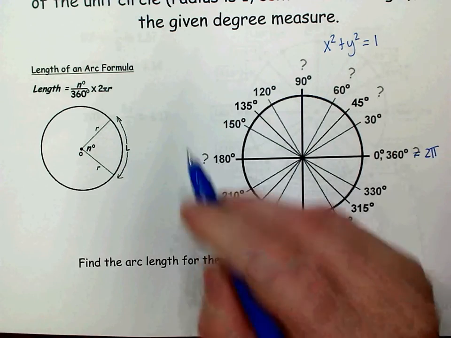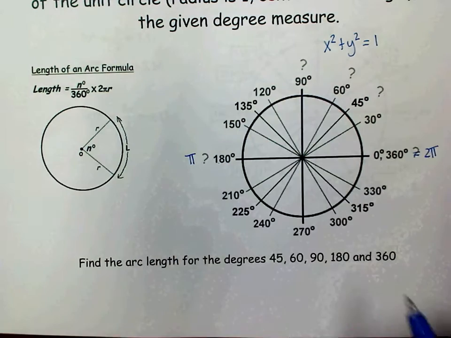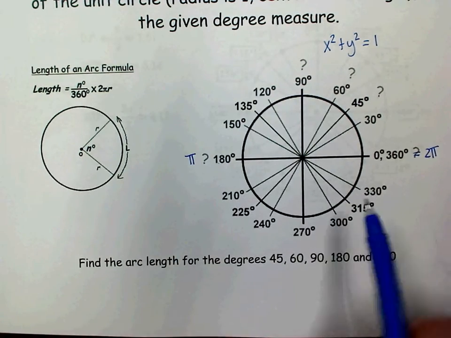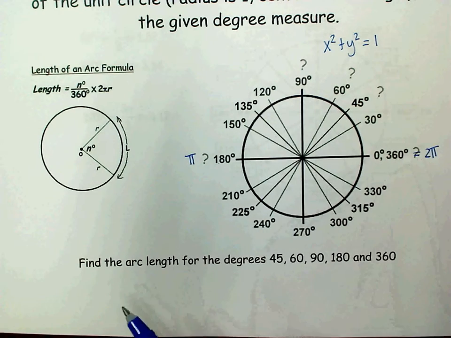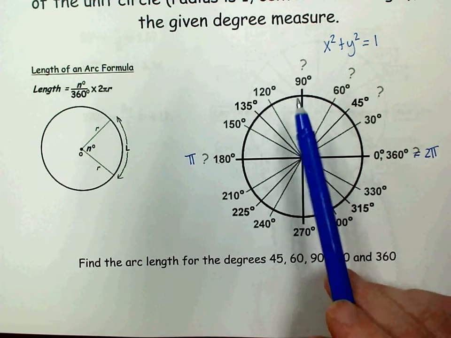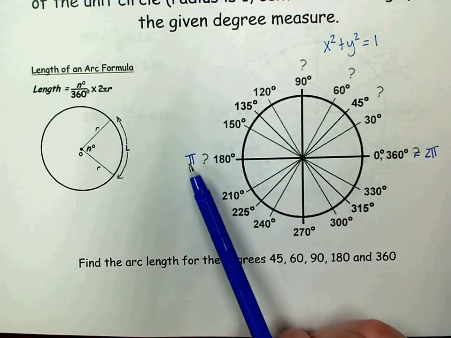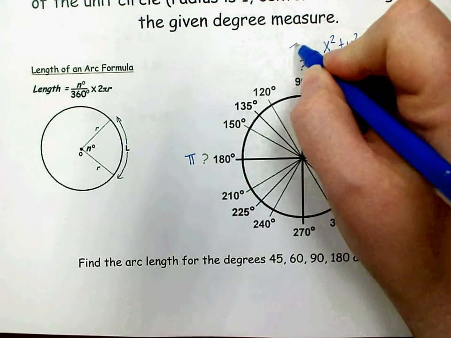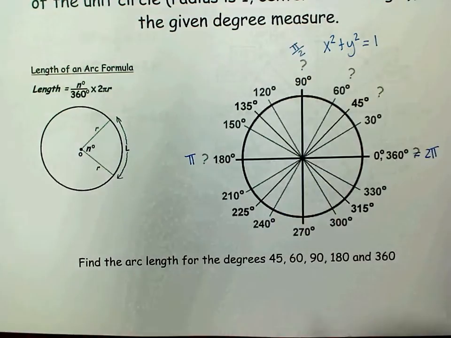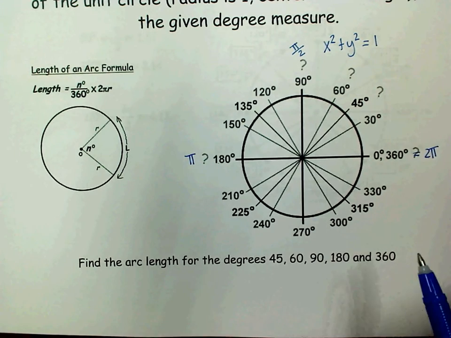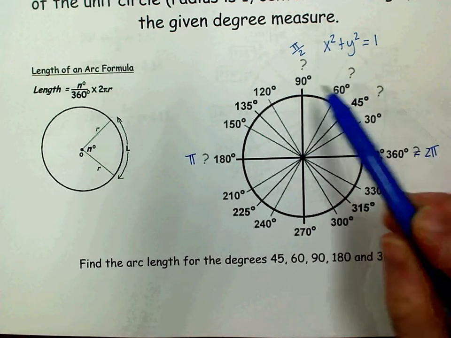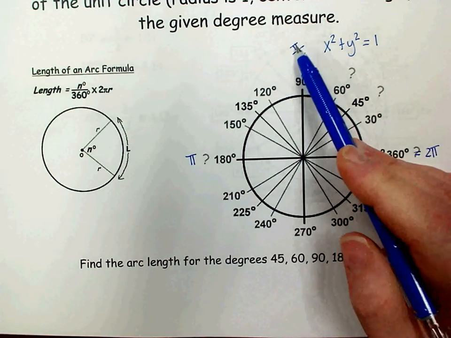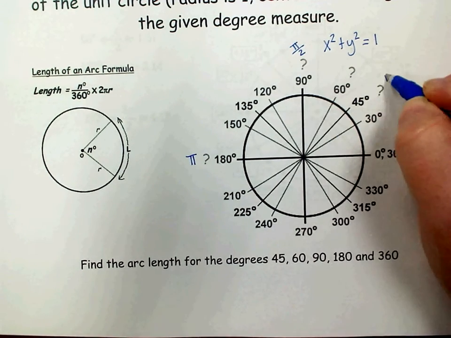It is pi radians, because it's just half of the full distance around. So 90 degrees would be half of this. So we know 90 degrees is pi over 2, or 1/2 pi. 45 degrees would be half of the 90. So if you take half of pi over 2, you get pi over 4.